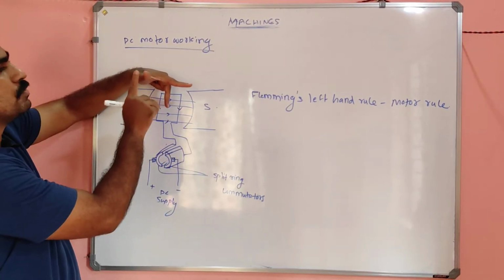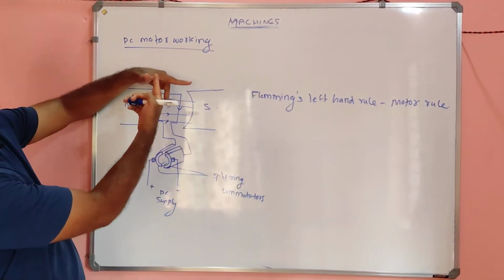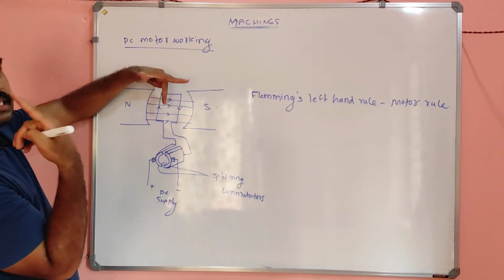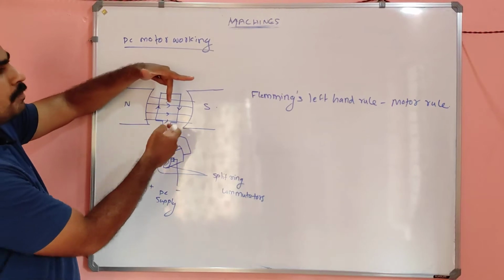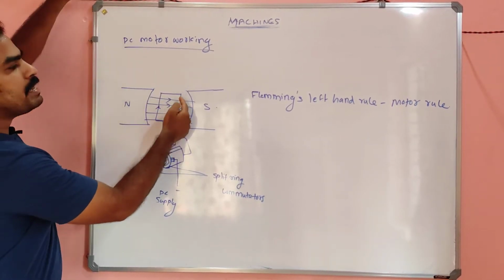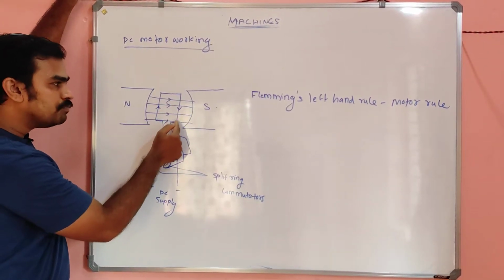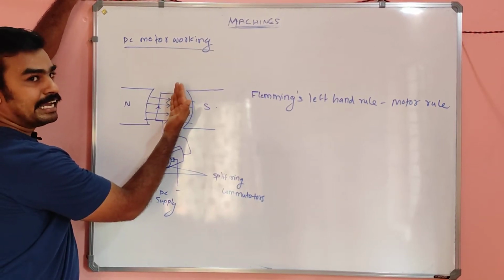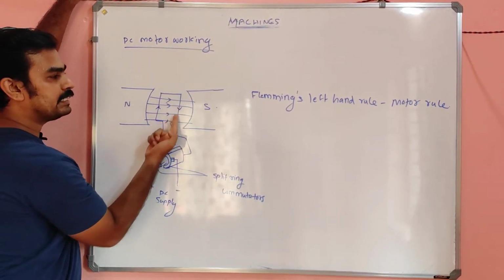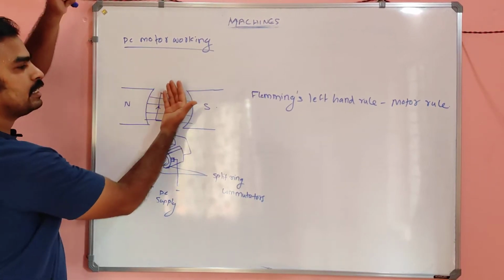And what will be the force here? The force will be towards this direction. Okay, is it clear? So there will be a force on this side of the conductor, and this force will try to move this conductor side towards me.